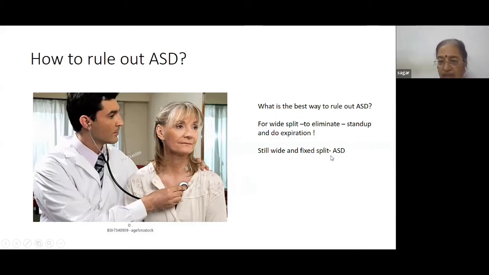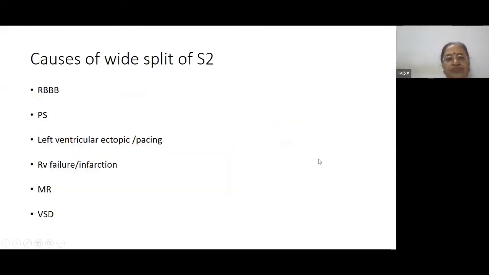If after all that there is still a wide split, then you call it an ASD. It's a simple trick that all of us use in the OPD. Whenever you bring a patient and say, "Madam, the split is wide," all we do is make the patient stand, ask the patient to expire, re-auscultate, and then find out. Same thing for the fixity.